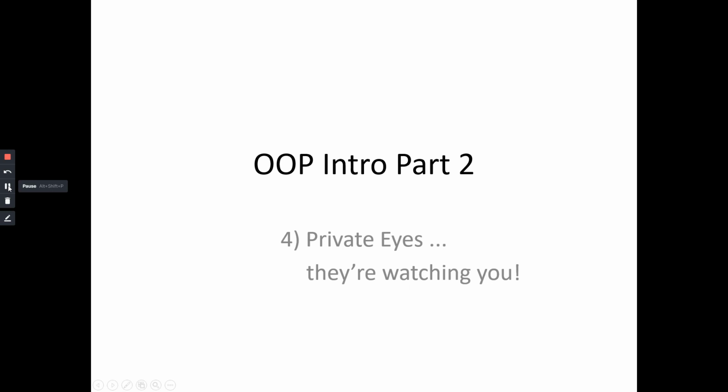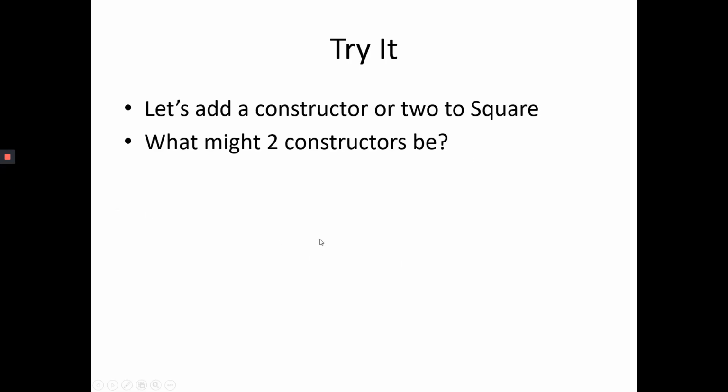So if you've been following along in these videos, then you should have been constructing a square class of your own. And each one is going to look a little bit different. But what I want you to do now is to go back to that square class and create a couple constructors.